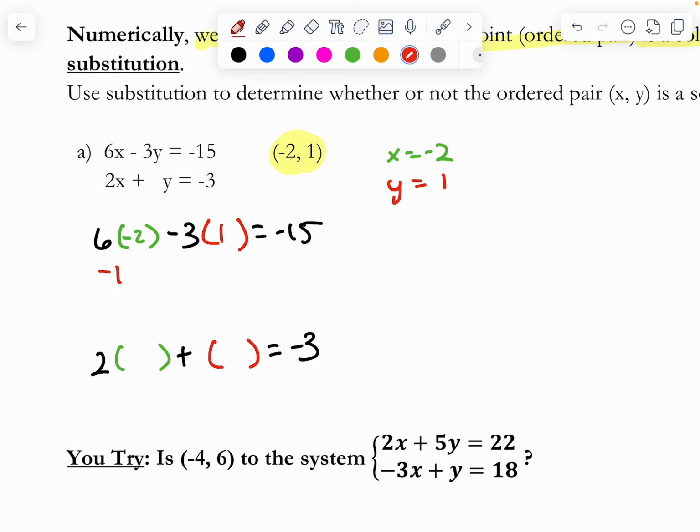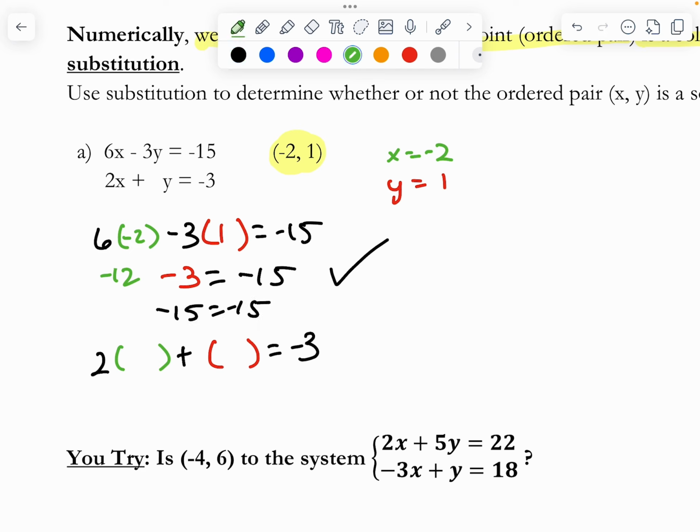And now I've got -12. Let's keep that in green. -12 minus 3 equals -15. Is that true? Yes, it is, right? I know that when I add these two together, -12 minus 3, we get -15.